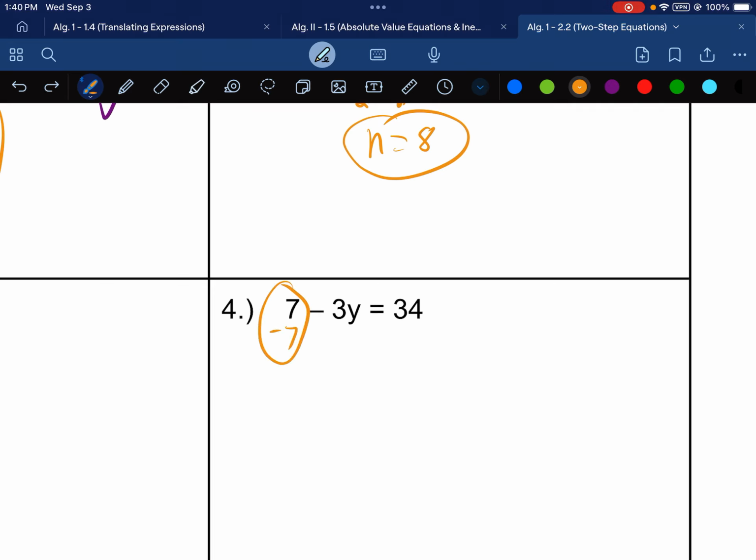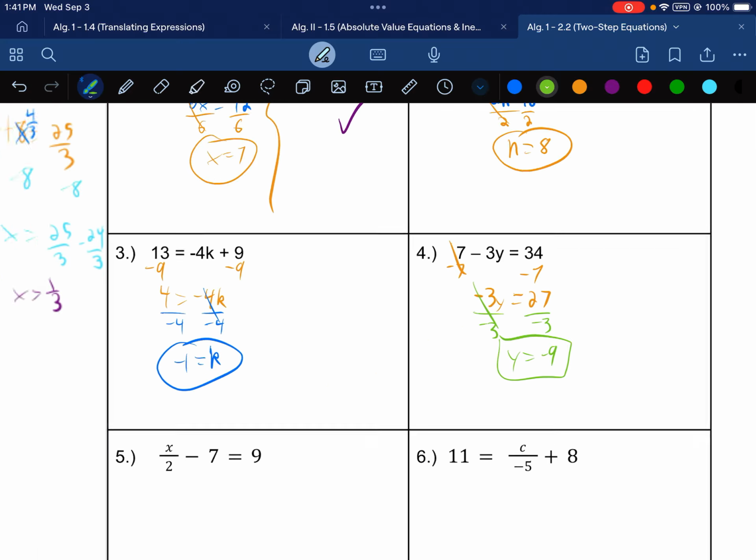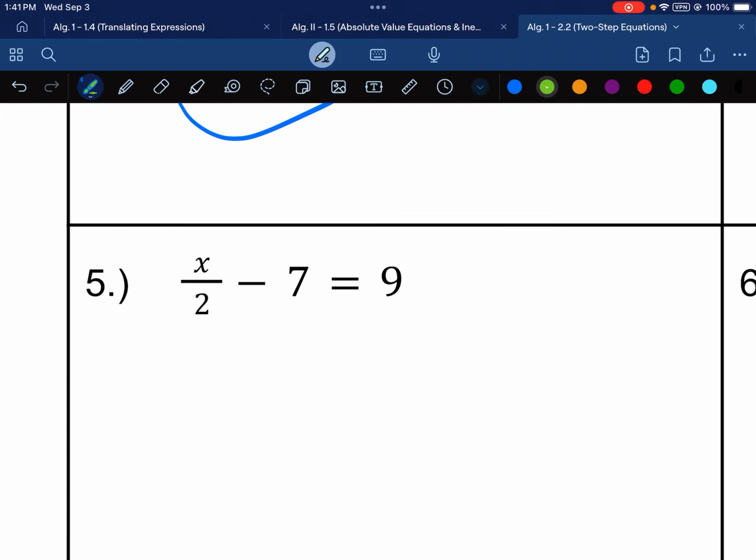So instead of adding 7, we subtract 7, because a positive 7 minus 7 is 0. And so we subtract 7 from each side, and on the right side we get 27. On the left side we have this 3y, but this negative stays with the 3y. Now we divide by -3, and we get y equals -9 as our answer.